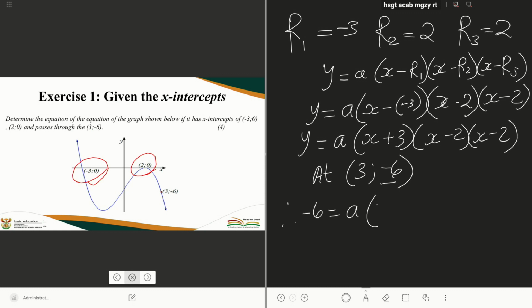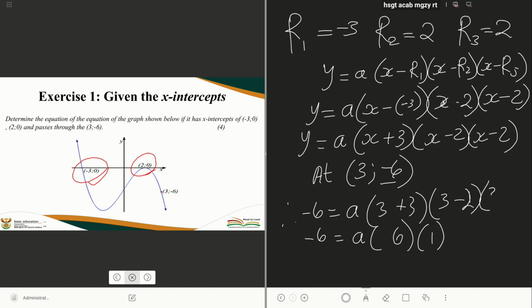Let's save time: -6 is equal to a(3 plus 3), that is 6. Then 3 minus 2 is 1, and also 3 minus 2 is also 1.